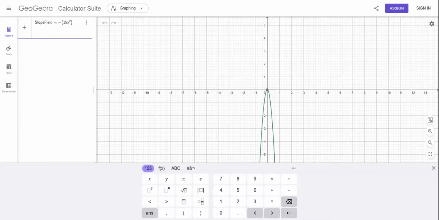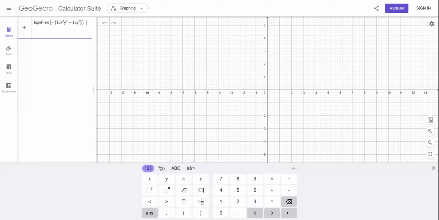Here's another place I'm going to mess up, but y cubed plus 15y squared. If you divide that through by dx on both sides and move over, that'd be your numerator. Then slope field of, I need to open a parenthesis here.